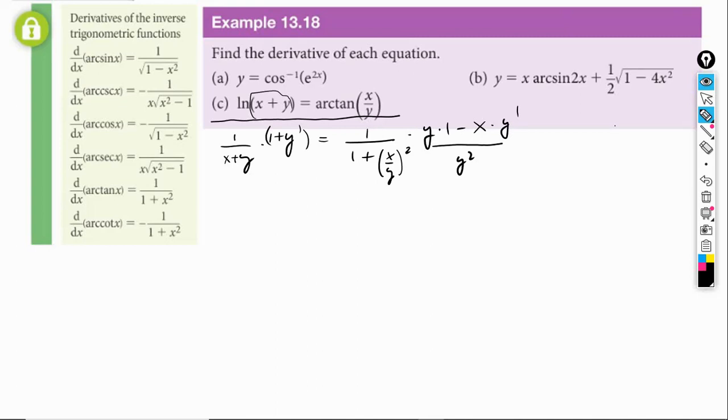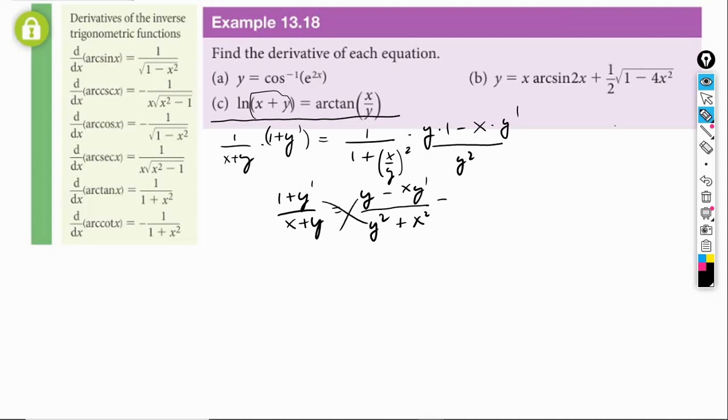We're going to get here 1 plus y prime over x plus y equals y minus x y prime over, so notice that if we multiply y squared times 1, we get y squared. If we multiply y squared times x squared over y squared, we get x squared. All right, so next we're going to cross multiply.